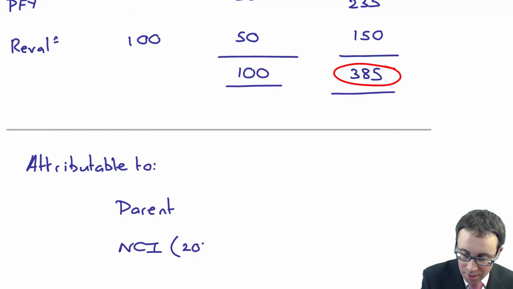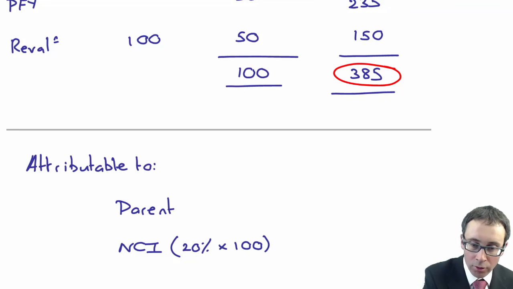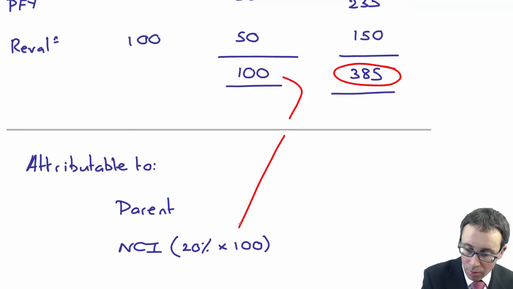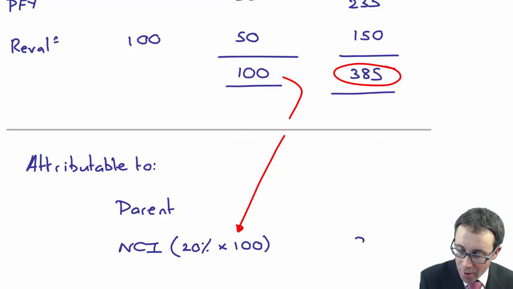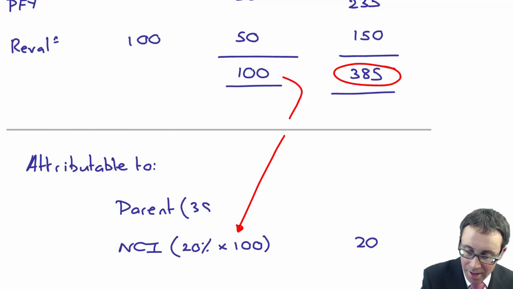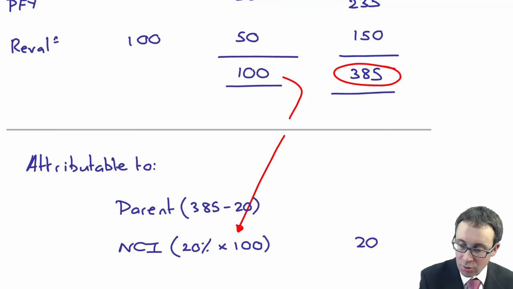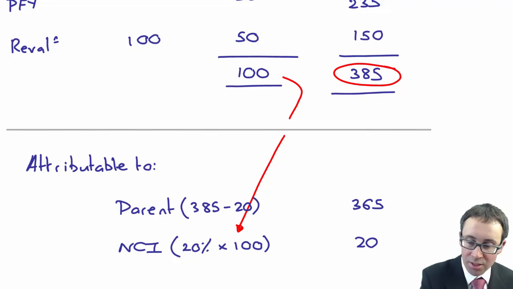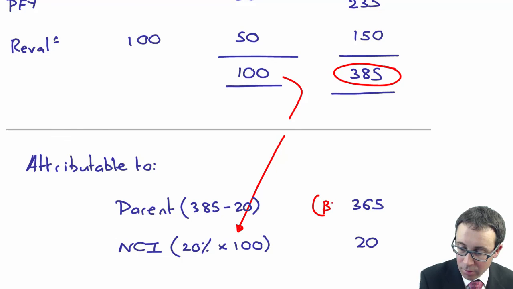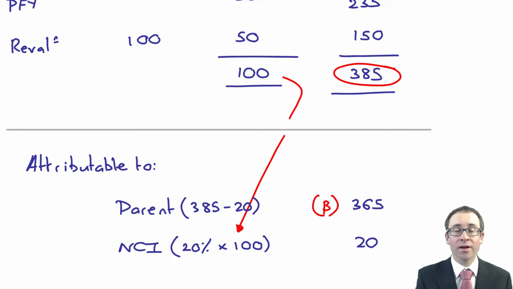So they own 20% of that 100. So does that give me 20? The amount attributable to the parent is the balancing figure of 385 less the 20. So that gives me 365, which is your balancing figure.